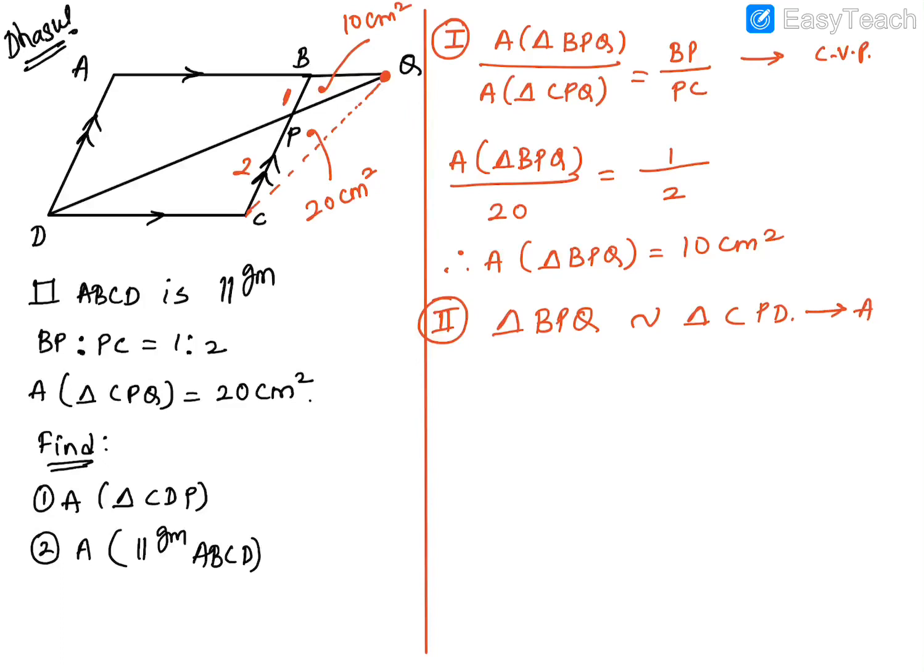By which test? Angle test of similarity. So guys, see, how are we going to prove them similar? So one of the statements will be what? Vertically opposite angle. Second thing we can say what? That these angle and these angles are alternate angles, so they are equal. So these two triangles are similar.